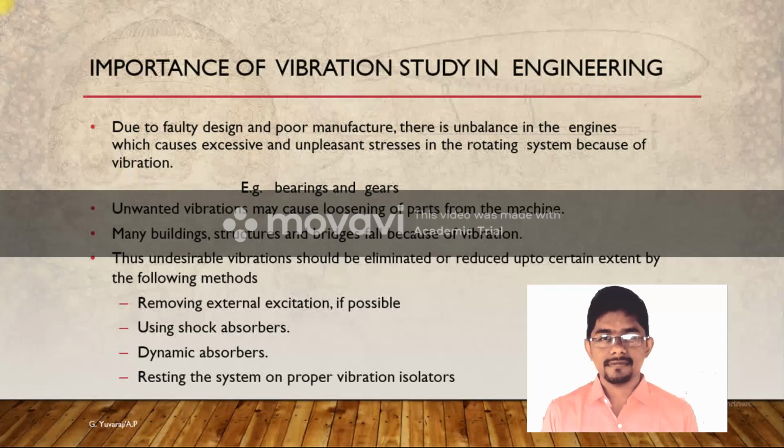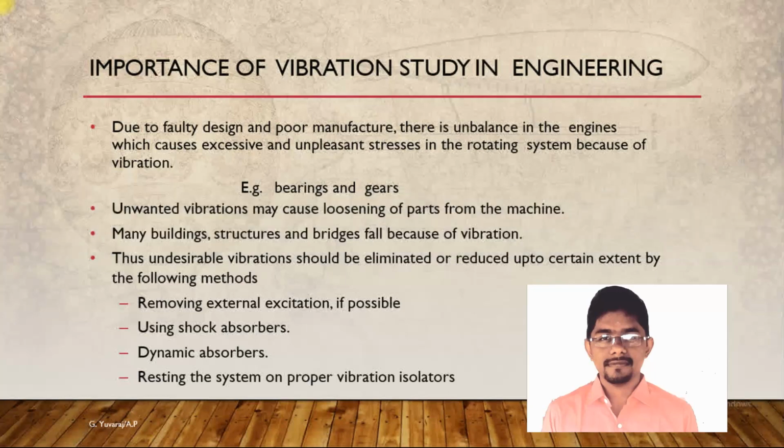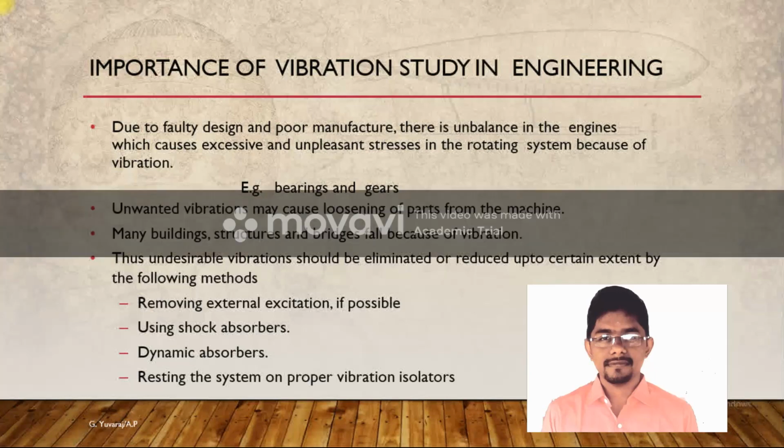Undesirable vibrations should be eliminated or reduced through the following methods. Point number 1, removing external excitation, which means removing the unwanted motion or unwanted forces acting over the body.